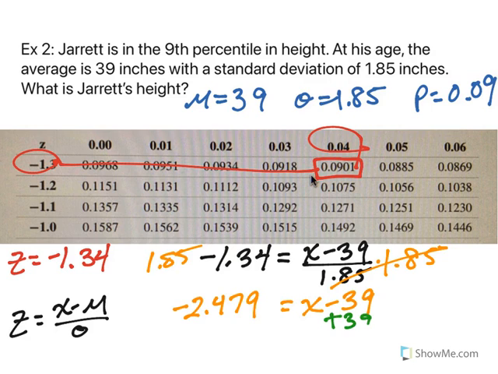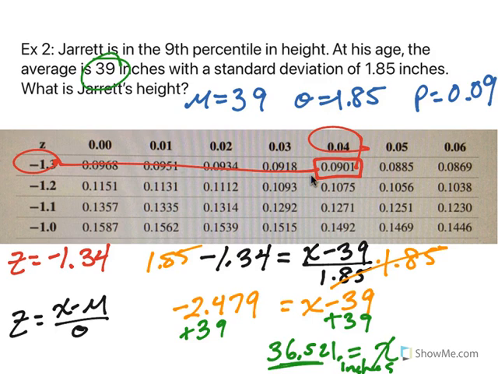If I add 39 to both sides, my unknown value, which would be Jarrett's height, is 36.521 inches, which makes sense, right? 9th percentile means he's under average, and average is 39. So we know he's got to be less than average. And that is playing with the normal distribution to find unknown values.